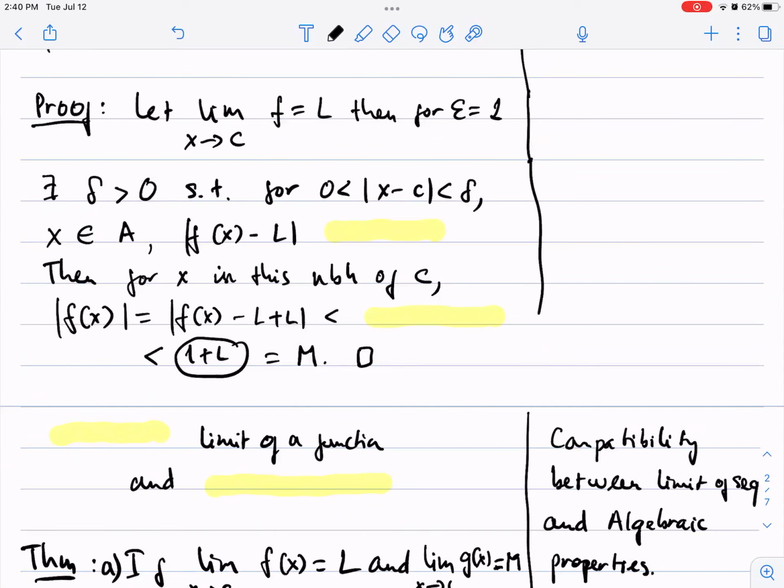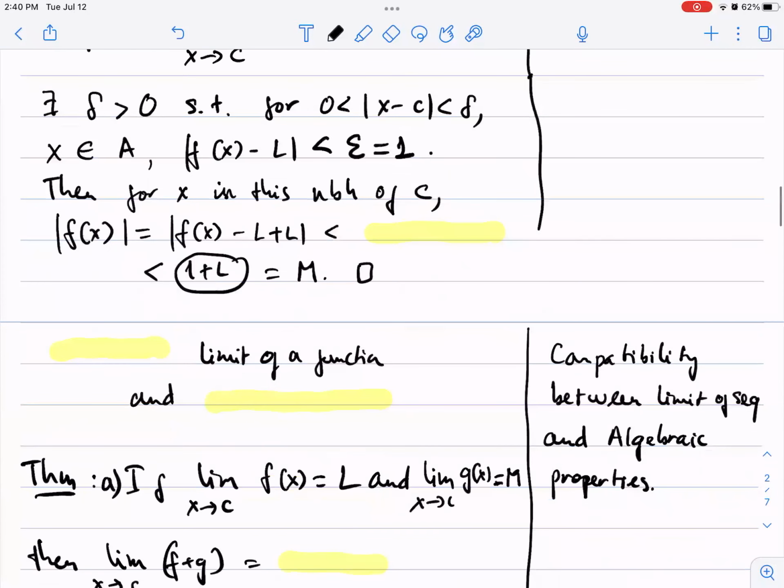Let the limit of f when x approaches c equal some number L. Then we choose epsilon equal to 1. There exists some delta bigger than 0 such that for 0 smaller than |x minus c| smaller than delta, then |f(x) minus L| is smaller than epsilon, which is equal to 1.